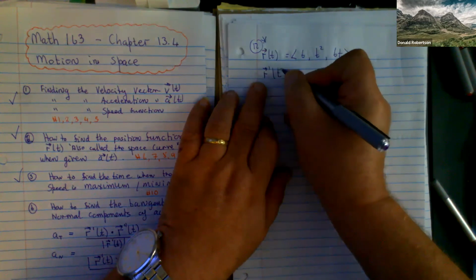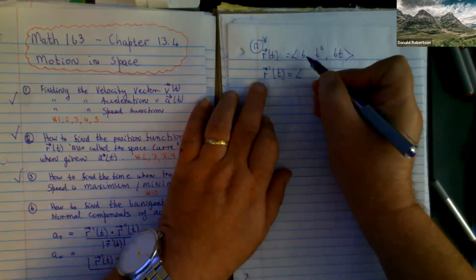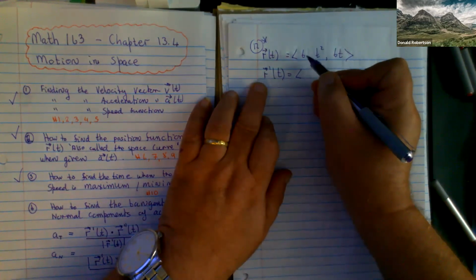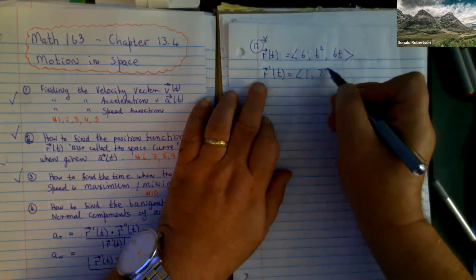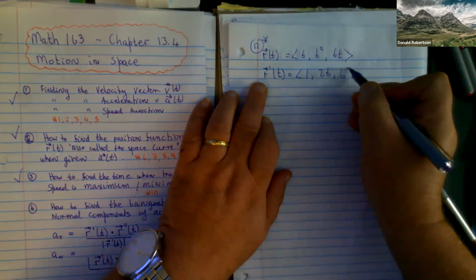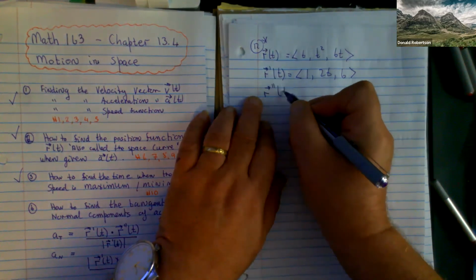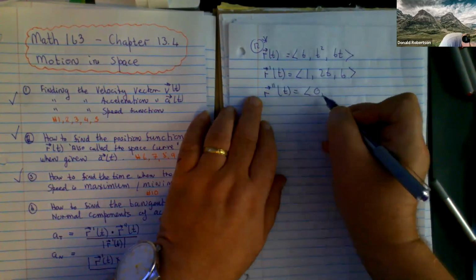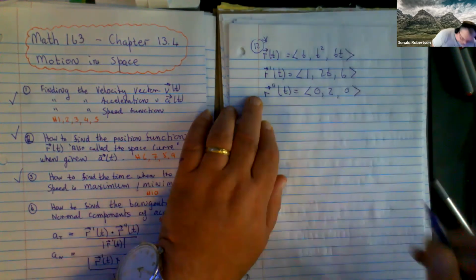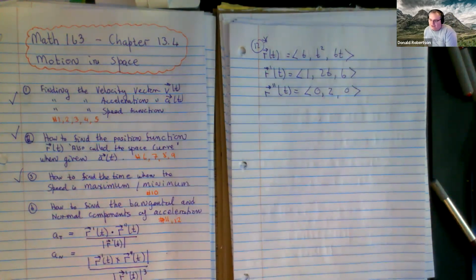The first derivative is 1, 2t, and 6. The second derivative is 0, 2, and 0. You agree that's probably going to come out really nice. Lots of zeros are good news.